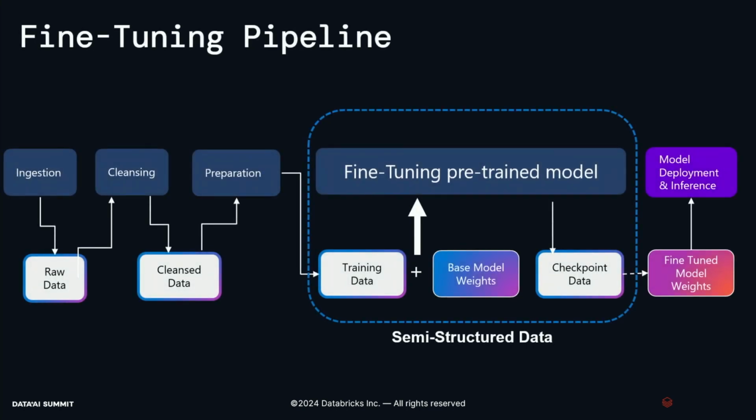Hang on. Let's get a few more slides, and then we'll get straight into the demo. So we're going to talk about the fine-tuning pipeline. We have the things on the left that we've already talked about: you're ingesting the data, cleaning it, preparing it. Now, within the fine-tuning world, you take that training data and you have your base model weights. You pick a model. There are many models out there. You can check out Hugging Face, Databricks has some, we have some, OpenAI, there's a lot of models.